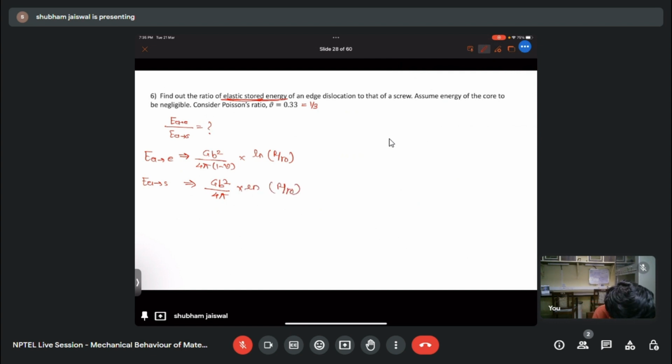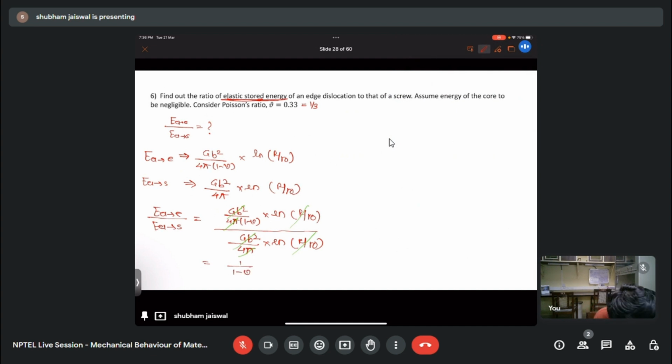So if we take a ratio of edge to screw, we get G b square upon 4 pi (1 minus nu) into ln R upon R naught, over G b square upon 4 pi into ln R upon R naught. So this will get cancelled out and we are only left with 1 upon 1 minus nu.